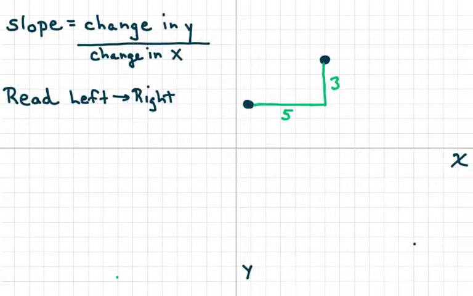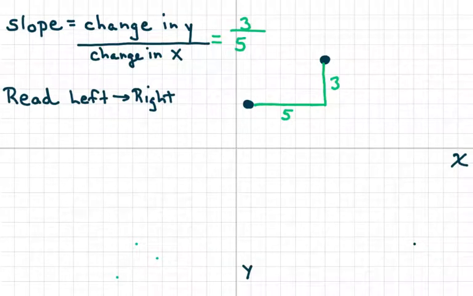So looking at how slope is defined, however much y changed, the up or down, is the top number. So that's 3. I went up 3. And my change in x is the bottom number. So the slope between those 2 points is 3/5 or 3 over 5.